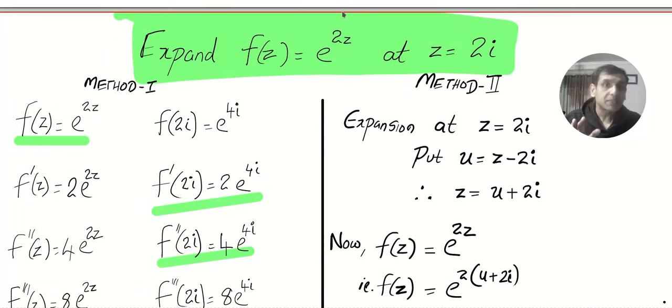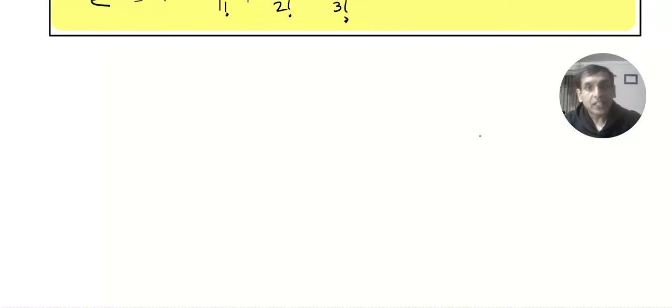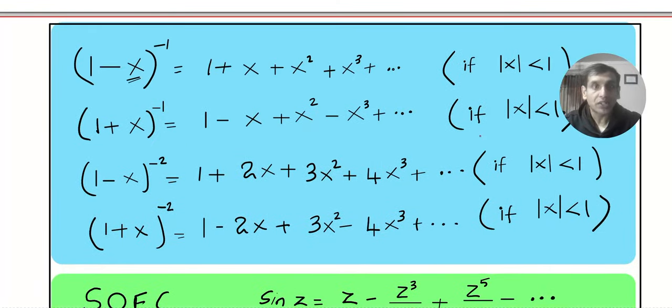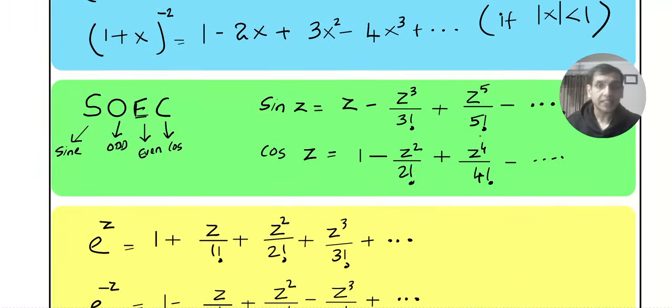But this method is extra important and it will be very efficient for certain problems where finding derivatives is difficult. Not for this problem, but in some problems finding differentiation will be difficult. But everything works with the Maclaurin expansion of all these functions. 1, 2, 3, 4, the blue, that is the binomial series.